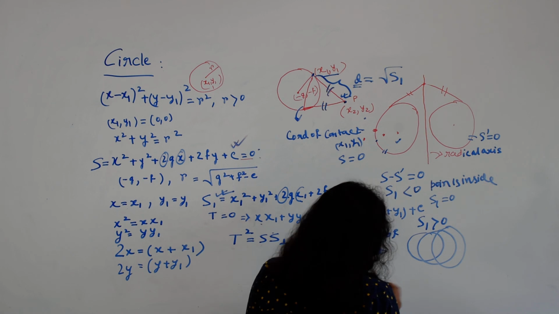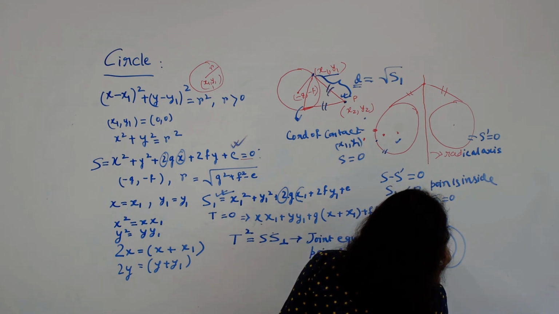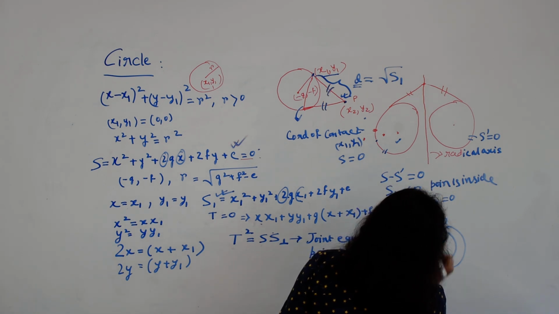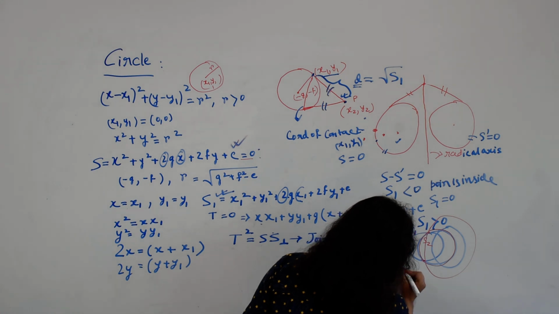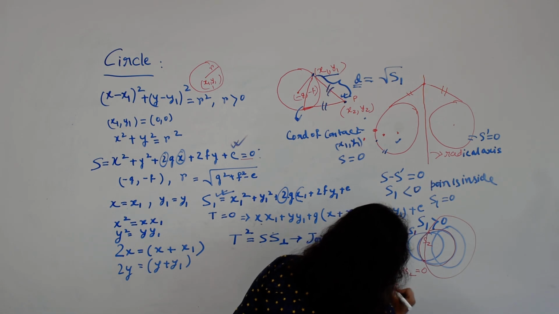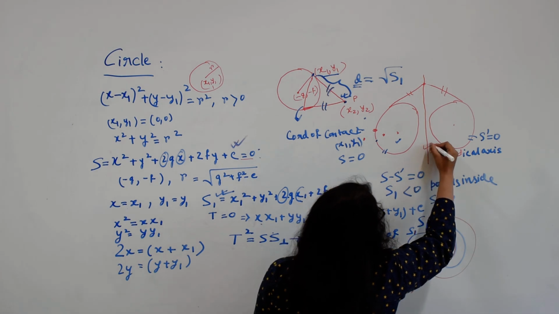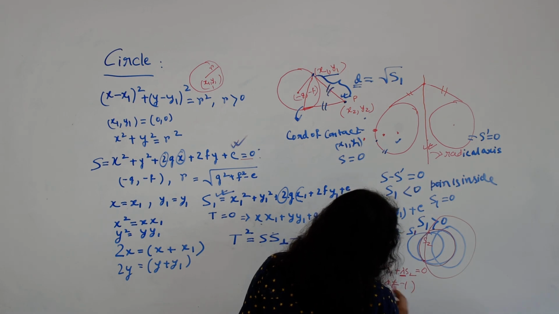Then the equation will be, suppose the circles are S1 and S2, the equation of the circle that passes through their intersection points will be S1 plus lambda S2 equals 0, and lambda will not be minus 1, because if lambda is minus 1, then this will be the equation of a straight line, which is the radical axis. So lambda takes any value except minus 1.